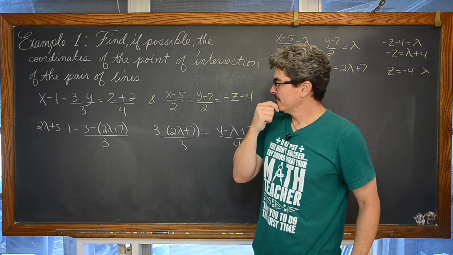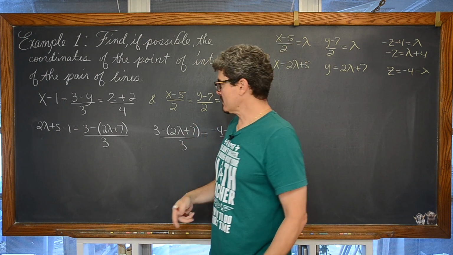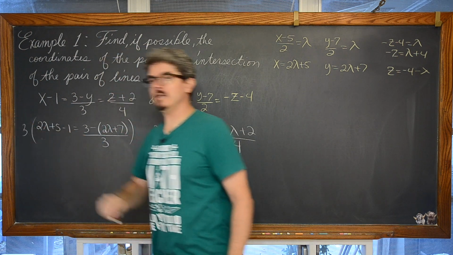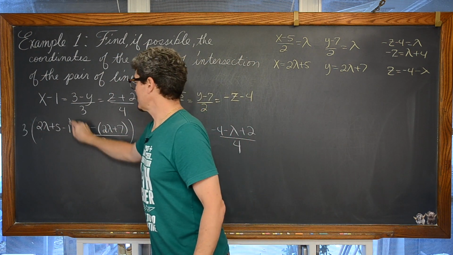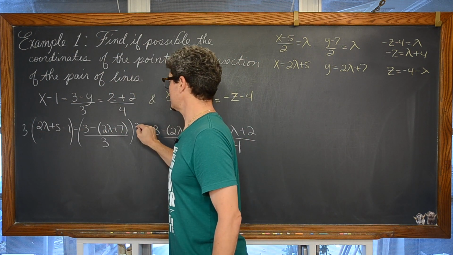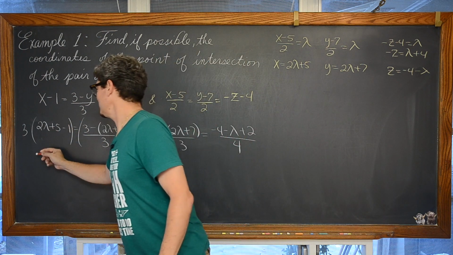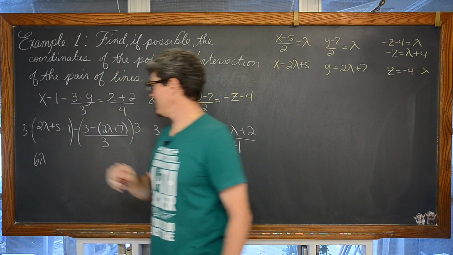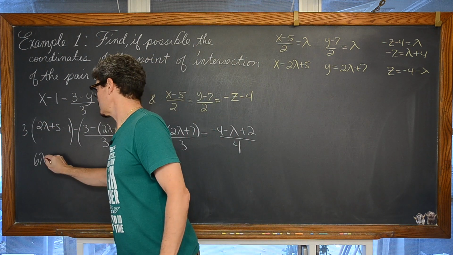To make this a little easier, I'm going to multiply both sides of this equation by 3. We're looking at 6 lambda from 3 times 2. We have 5 minus 1, which is 4, times 3 is 12.